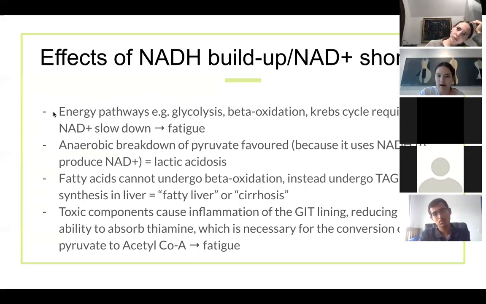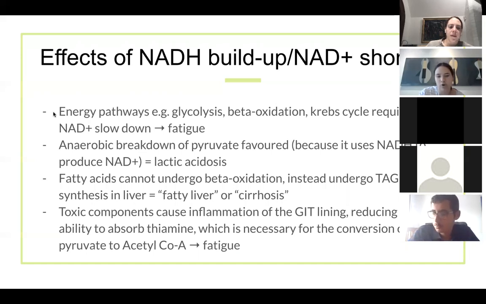The anaerobic pathway for the breakdown of pyruvate is favored for the same reasons, so you end up with lactic acidosis. Fatty acids can't undergo beta oxidation, as in the first point. So instead, they undergo TAG synthesis, which I guess is what you were just speaking about in the liver. So that's why you end up with fatty liver or cirrhosis, like liver damage.